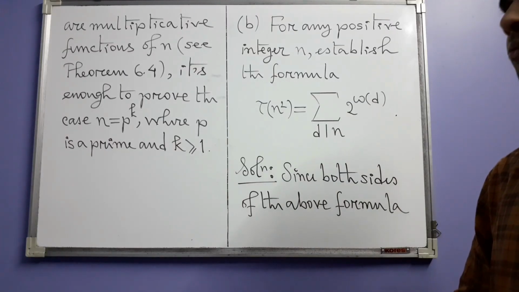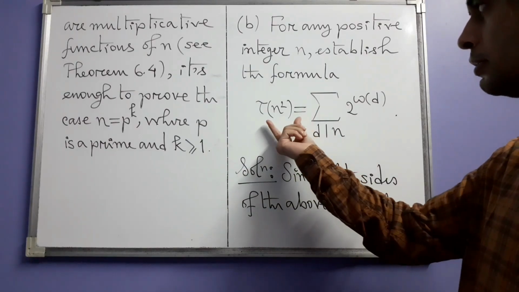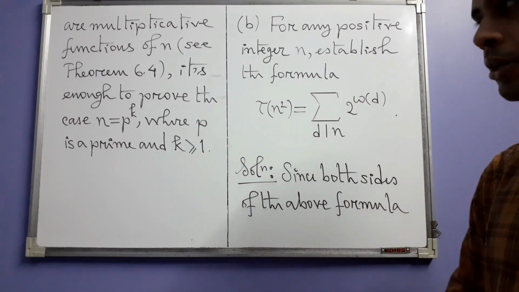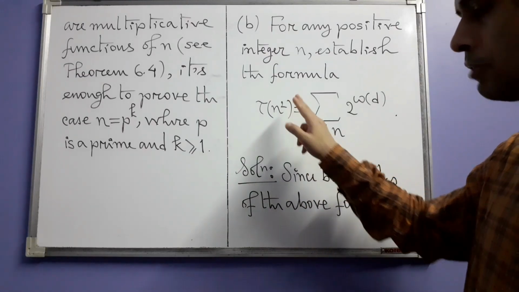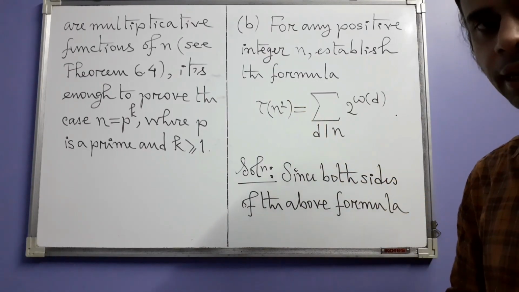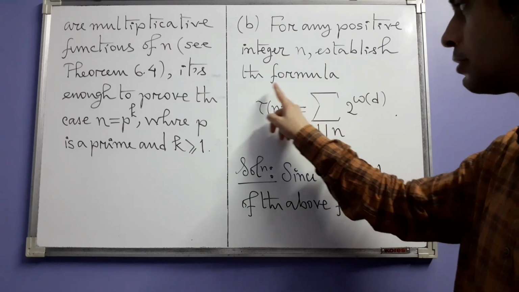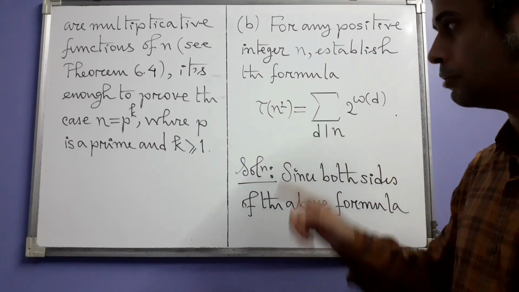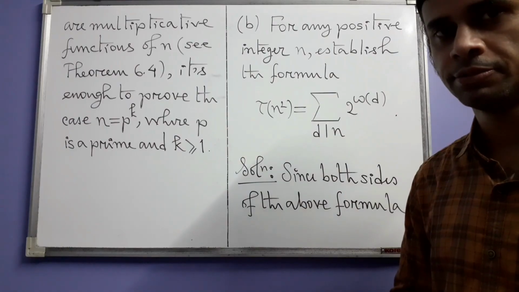Okay, now comes the question of how exactly these are multiplicative functions. It's not very difficult to prove. In fact, it's an elementary task to prove that tau of n square is multiplicative, given that you already know that tau is multiplicative.